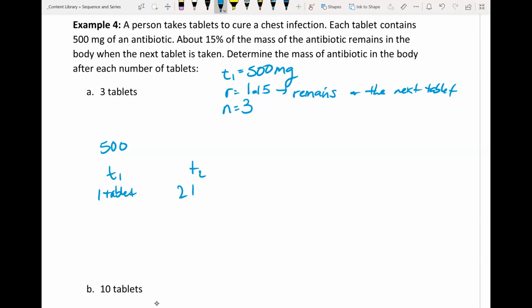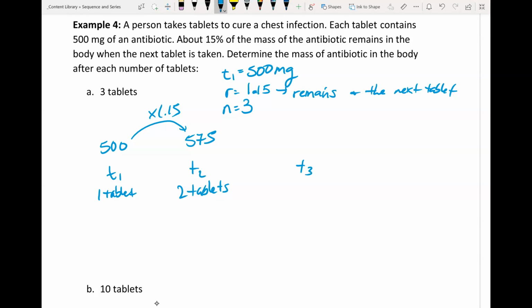T2 represents 2 tablets. And you're going to find it by multiplying 500 by 1.15, and you're going to get 575. Which makes sense because 75 milligrams is what's going to remain from the first tablet, and then you get the 500 milligrams from the second tablet.